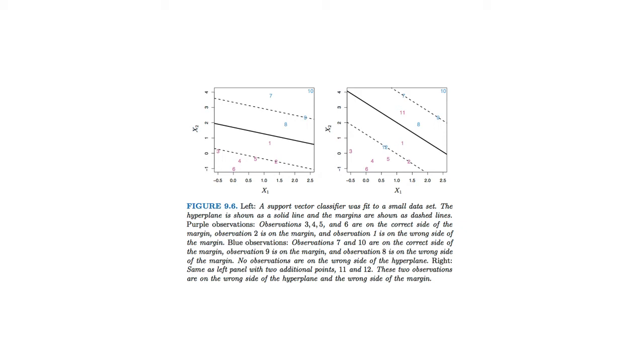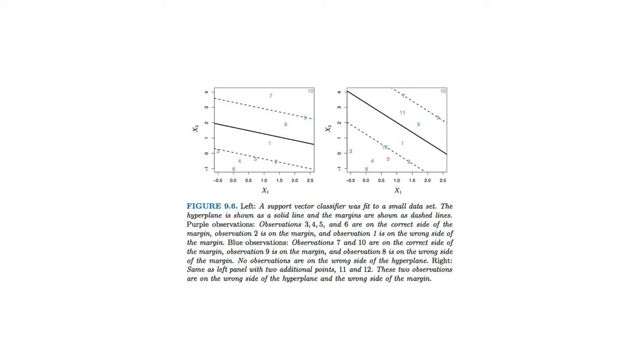That's something that the maximal margin classifier couldn't deal with. In fact, the maximal margin classifier would simply move the dashed lines in to reflect the location of points 1 and 8. So this is a more robust idea to allow some points into that area.